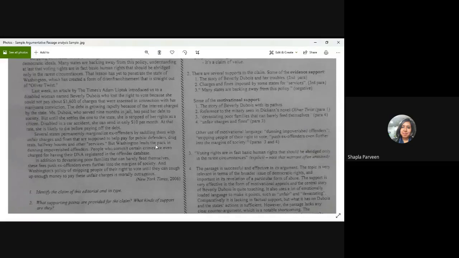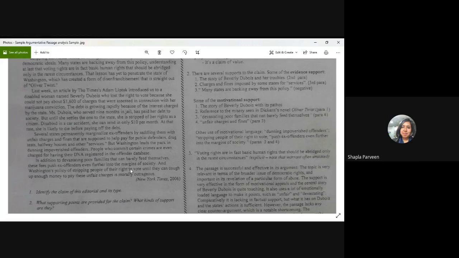And then you have the motivational support. Motivational support refers to any type of information that can stir the emotion of the readers, and the reader will instantly believe in it. Sometimes this information can be emotional, so it motivates the readers into believing in the claim statement, right?